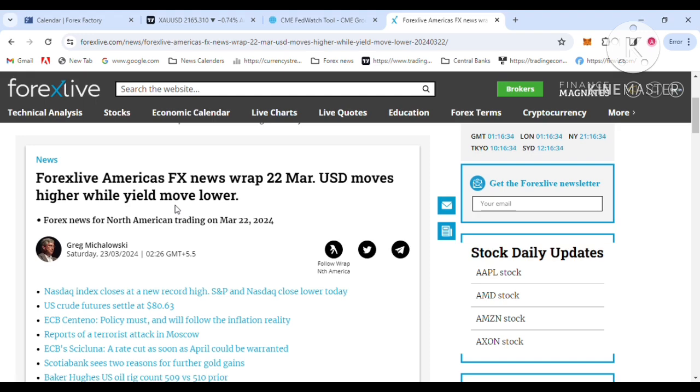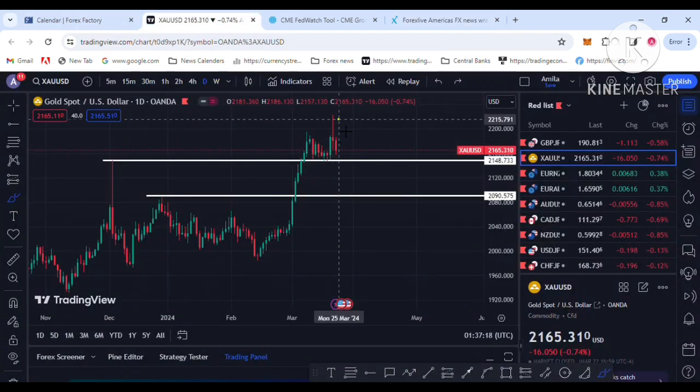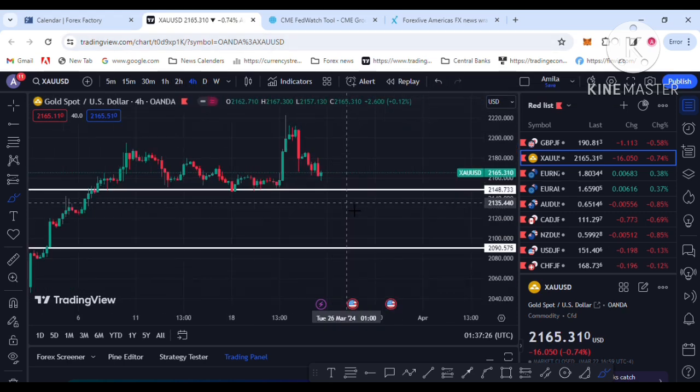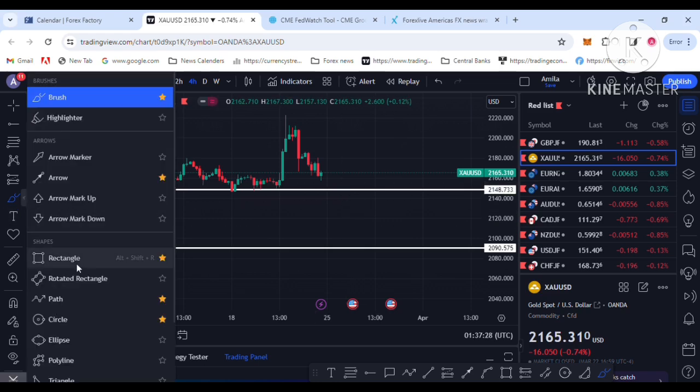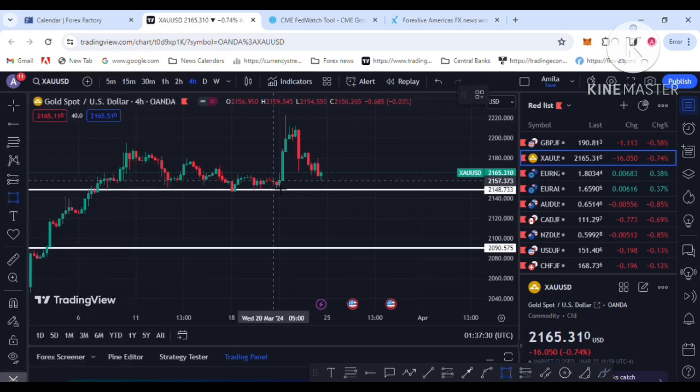Last Thursday and Friday gold dropped to the downside with lower US yields and dollar demand.